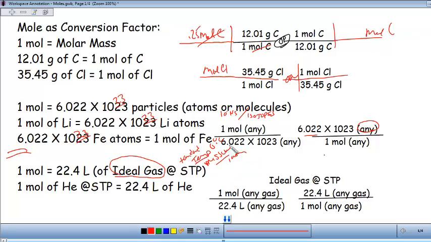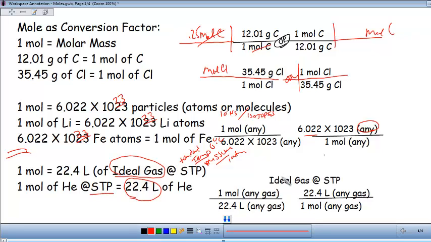So at STP, any ideal gas will occupy 22.4 liters. Whenever you're asked a question about a gas, you'll see STP mentioned, and you can convert the volume of the gas to moles, knowing that any ideal gas at STP occupies 22.4 liters.